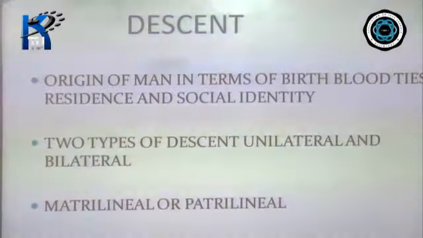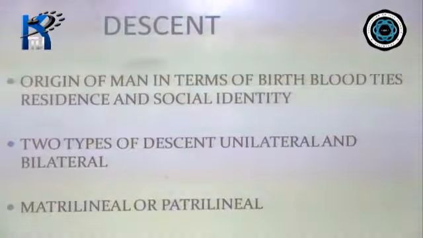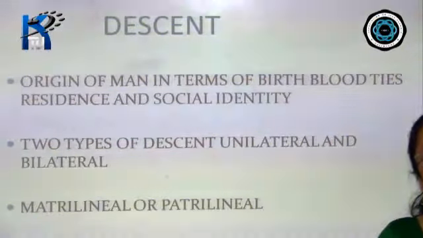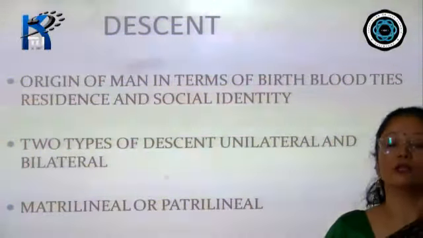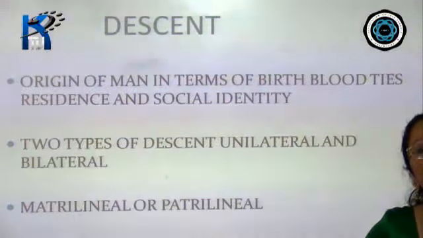Now, I will conclude today's lecture by telling you about descent. I will explain to you what exactly is descent. Descent is the origin of man. It is your history. And whenever we are trying to find out the descent of an individual, we cannot move ahead. We can't go forward. We always have to backtrack.